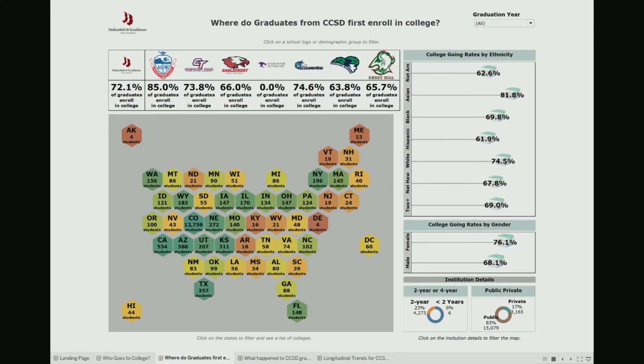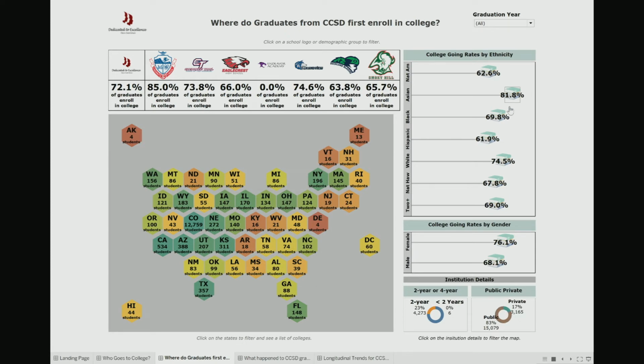And then you also have a representation down at the bottom right of institution details. The majority of our kids, 3 out of 4 kids from Cherry Creek, have their first enrollment at a 4-year institution, so college or university. And then almost 85% of our kids enroll in a public institution for their first time.